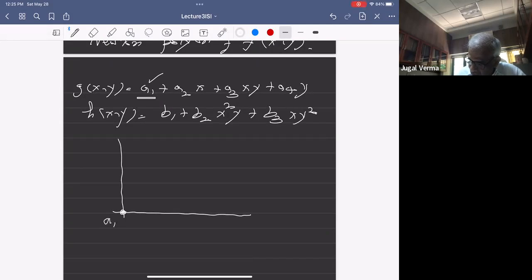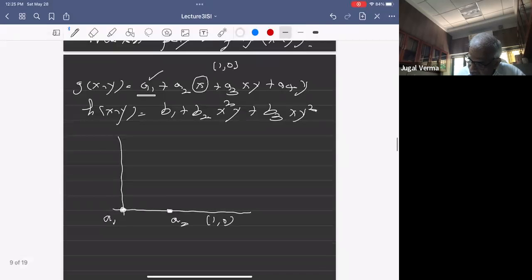I label it as a1. Then a2 is the coefficient with the monomial x, so the exponent vector is (1,0). That goes with a2. And then a3 goes with xy; the coordinates are (1,1).